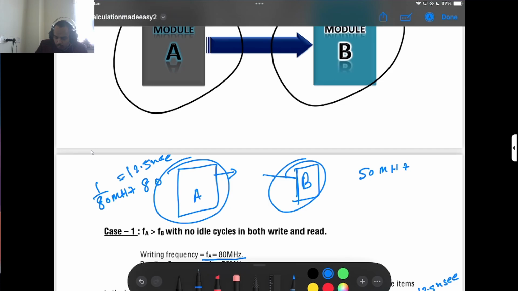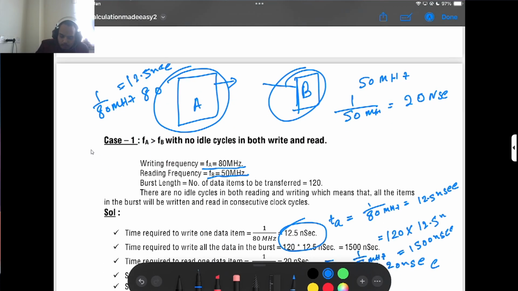The writing speed of 1 by 80 megahertz is 12.5 nanoseconds, and the reading speed of 1 by 50 megahertz means a time of 20 nanoseconds. So this block delivers the data every 12.5 nanoseconds, but the other block requires 20 nanoseconds to read the data. So how do we solve this problem?